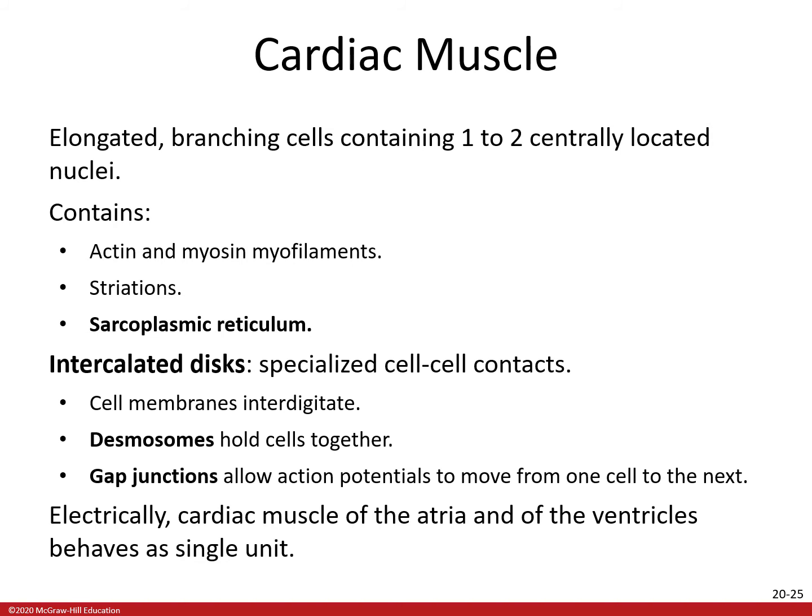Otherwise, if one contracts or relaxes at the wrong time, as one of its partnered chambers is contracting and relaxing and everything's kind of off beat, we're going to have a lot of issues. Blood is not going to properly move through the heart, and thus you are not going to be able to oxygenate your tissues properly. So in order to keep everything moving smoothly, we are going to use electrical signals, and we'll talk about that here in just a moment.